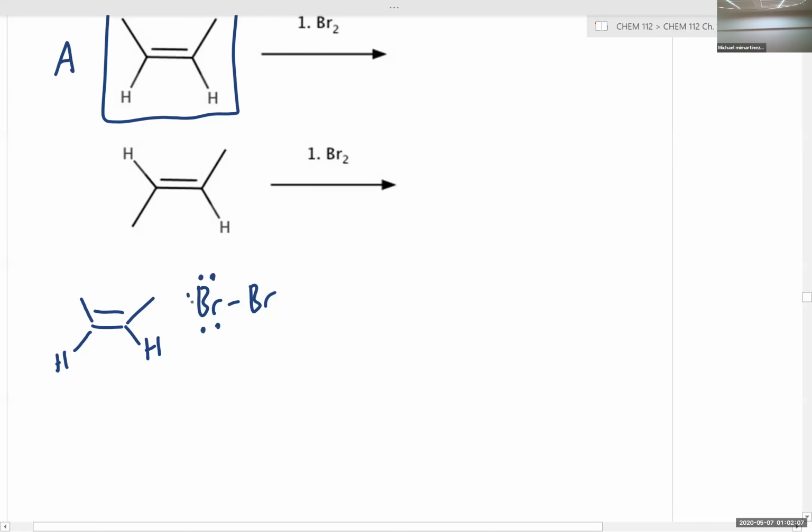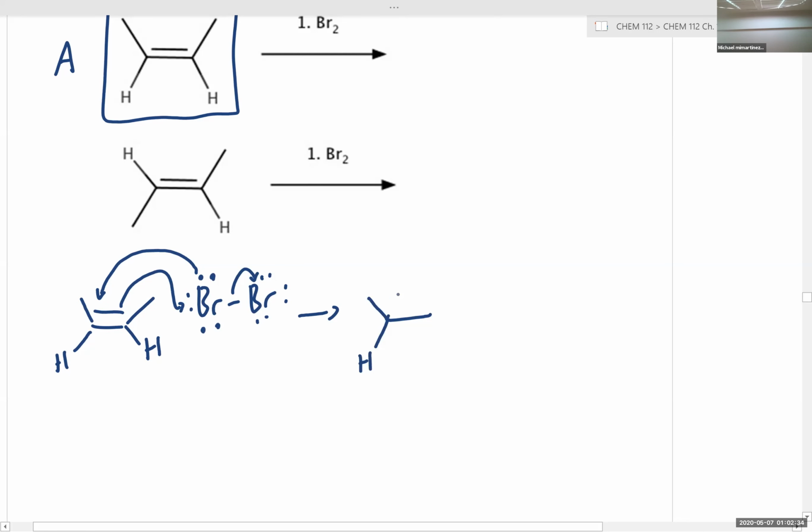So the first step mechanistically is that our alkene attacks in a concerted manner our bromine atom, and we generate our bromonium intermediate. We don't generate a straight carbocation in this case.